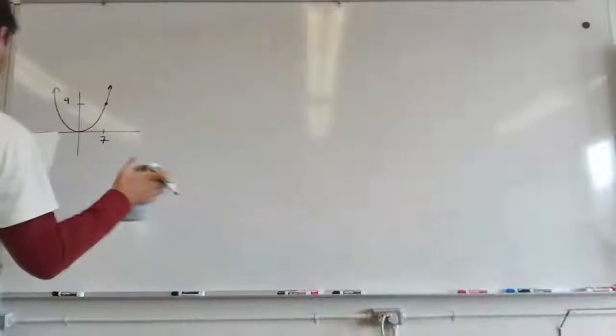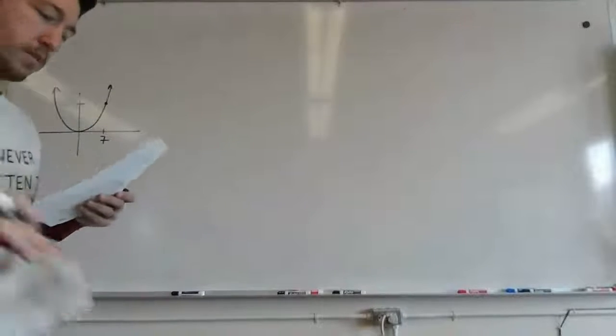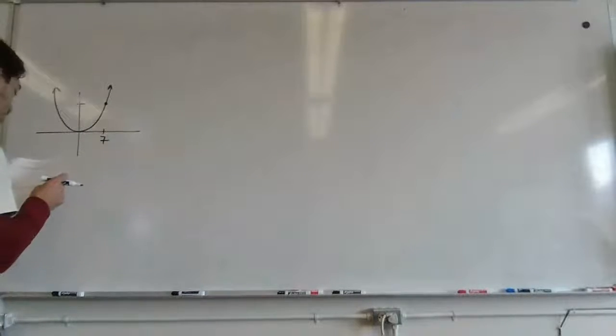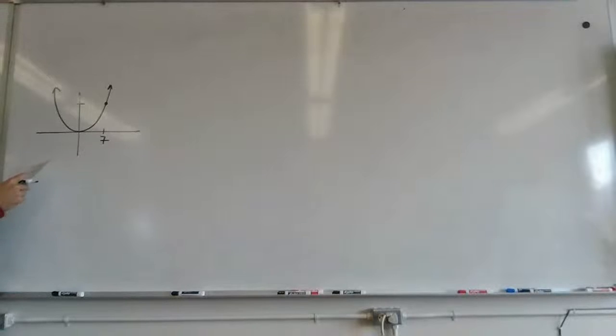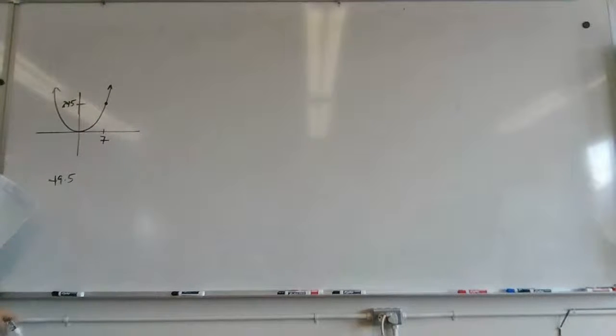The y value is 5 times 49. What's 49 times 5? 200 plus 45, so you get 245.